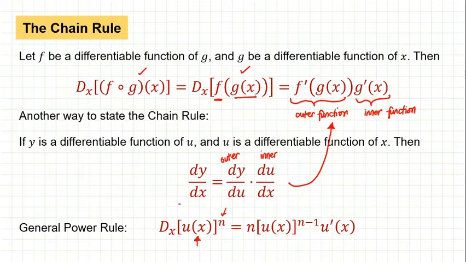Okay? The outer function is itong whole u of x to the power of n. Okay? So this is the derivative of the outer, and this is the derivative of the inner. Okay? Para mas maintindihan, let's consider the following examples.